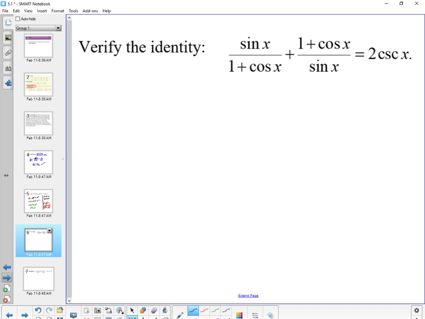So I've got two fractions on the left side. How do I get two terms to become one? Add them up, right? Which means I'm going to need a common denominator, and that common denominator is going to be 1 plus cosine multiplied by sine.